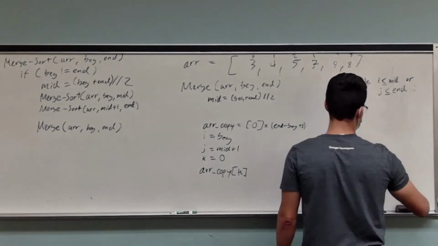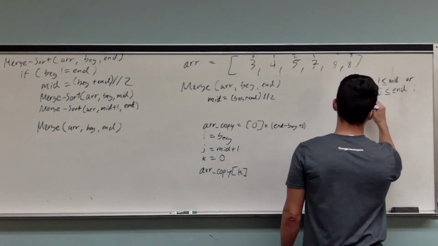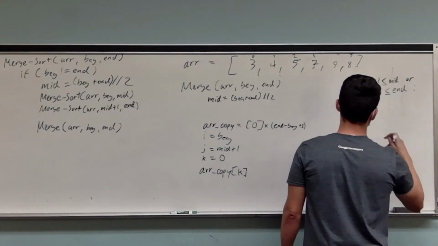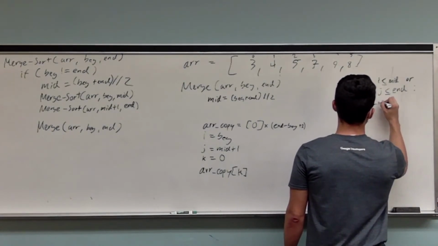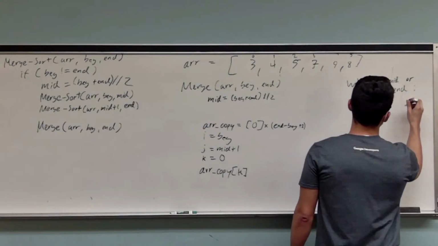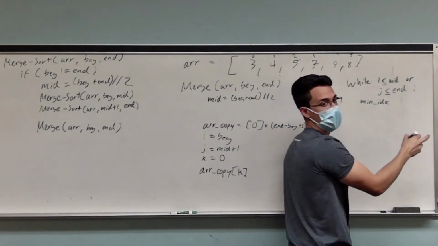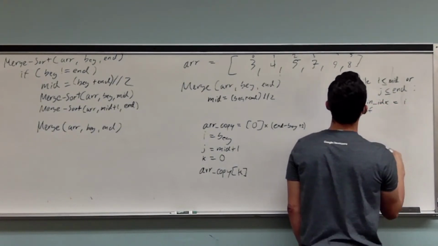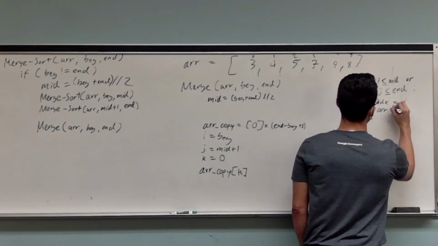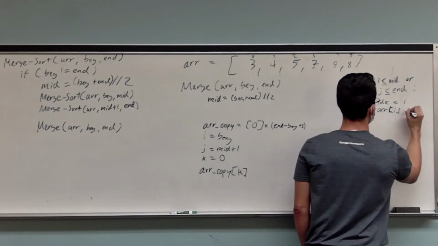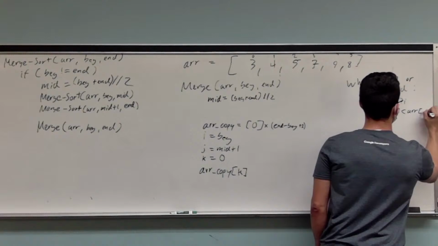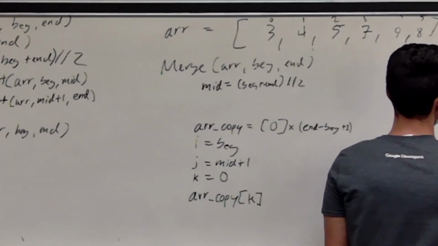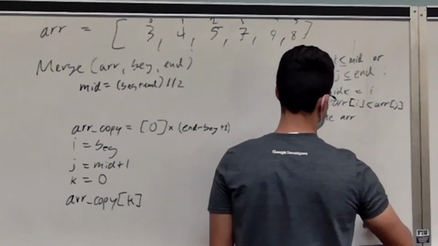All right. So then array copy, of course, is going to keep increasing. Well, first, min index, same as before. It's going to be equal to I or j, right? It equals I if array I is less than array j, else j.